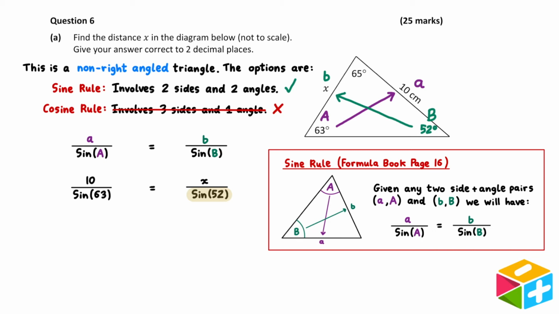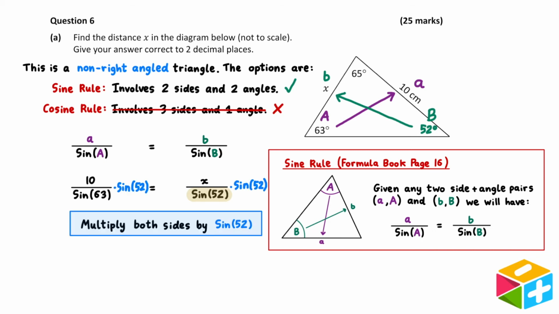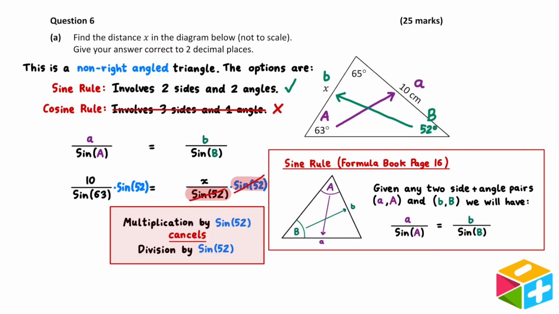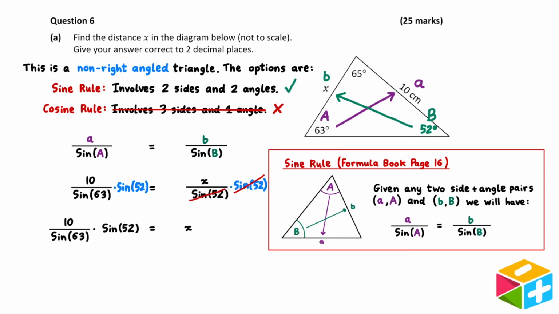The inverse of division is multiplication, so to remove division of sine 52, I should multiply both sides by sine 52. From here, it's a matter of doing some calculator work and some rounding.